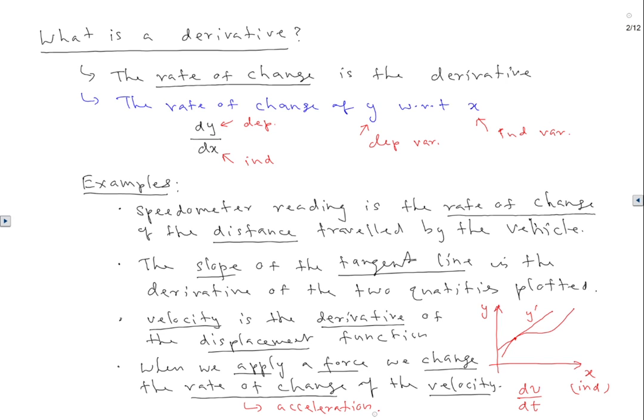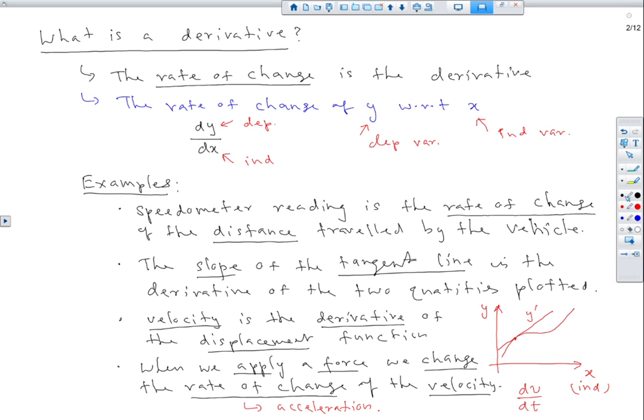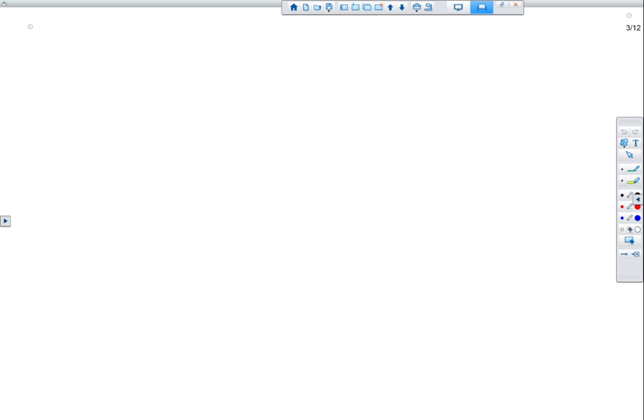So what are the notations that we're going to use for derivatives? There are several notations. For example, the most common one we write as dy by dx. In some cases we might write dx over dt, in which case t is the independent variable, x is the dependent variable.